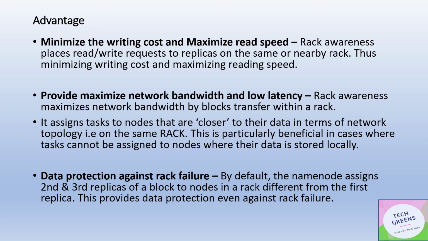So your data access needs are catered to, keeping in mind that there is minimum network travel. When the network overheads are less, you save on bandwidth and your latency will be less. And at the same time, nodes are assigned in such a way that they are closer to the client which has raised the request for read and write.